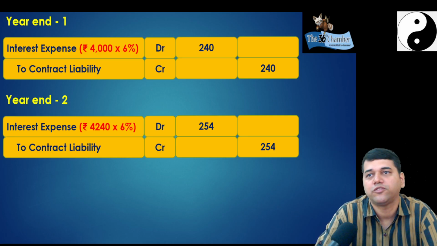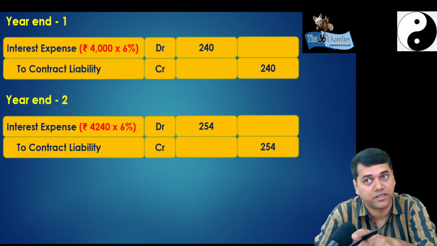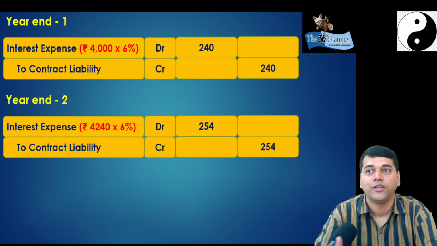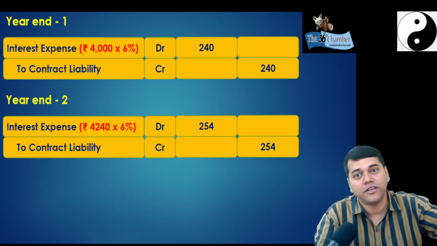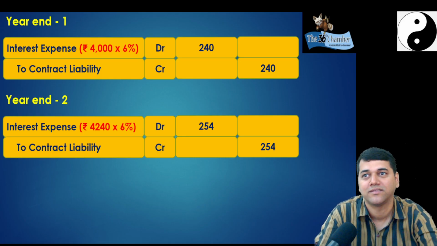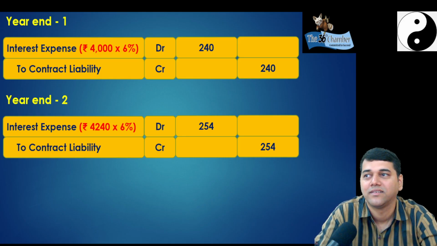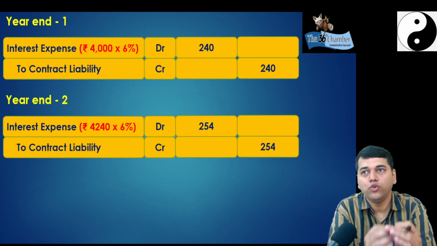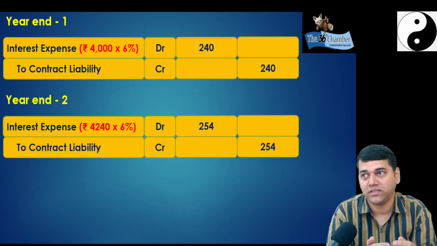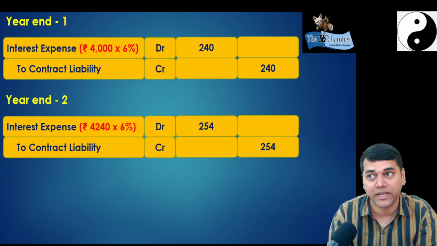And if instead of this you had taken a bank loan, the same thing would have happened. You would have taken one bank loan today, the present value of the future cash payments. That's what they said: if you take an advance, go for the incremental borrowing rate.